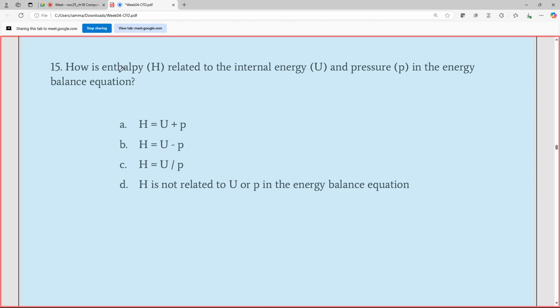Next question is, how is enthalpy related to internal energy and pressure in the energy balance equation? So basic question from thermodynamics. What's the relation between enthalpy, internal energy and pressure?